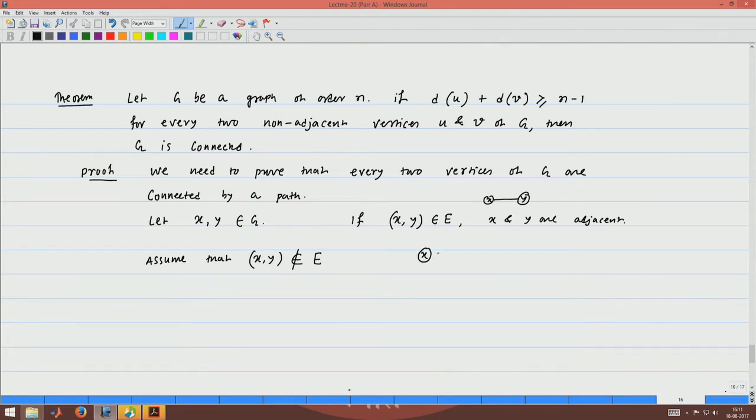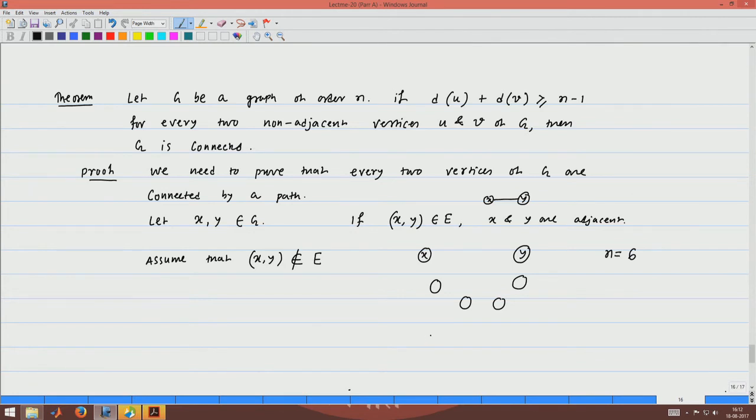This is x, this is y, and they are not adjacent. For the sake of simplicity, suppose n is equal to 6, there are 6 vertices in the graph. So, these are the other 4 vertices in the graph.